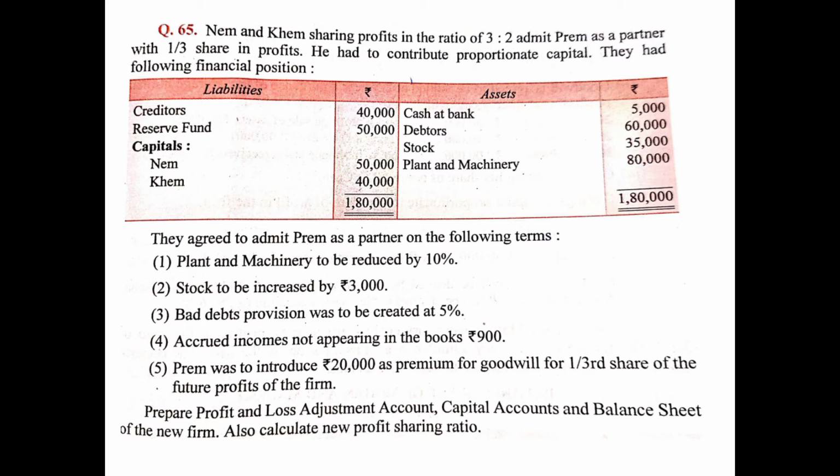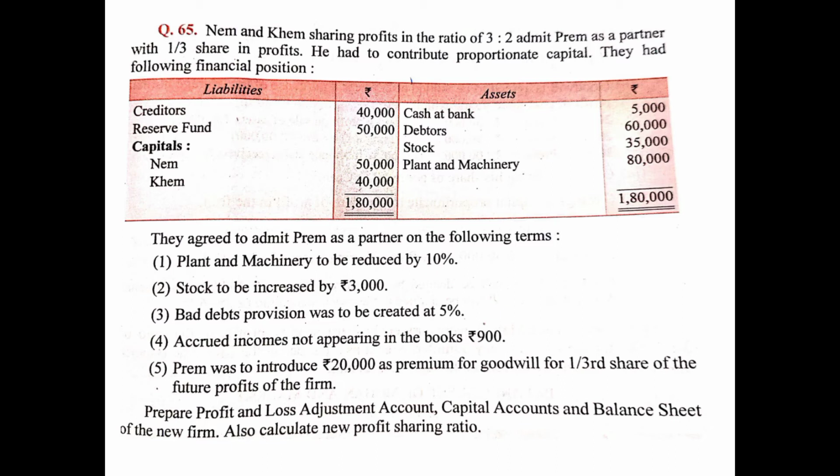The third point is bad debts provision was to be created at 5%. There was no provision, we have to create it by 5%. So provision for bad debts is created on debtors. The value of debtors is 60,000. So 5% of 60,000 will be 3,000. So creating a provision means you are creating a liability.